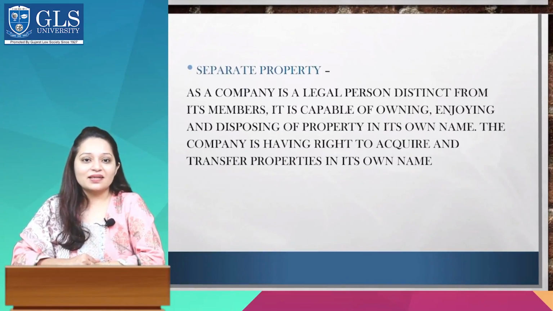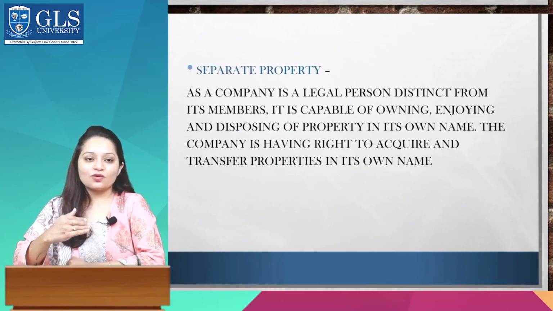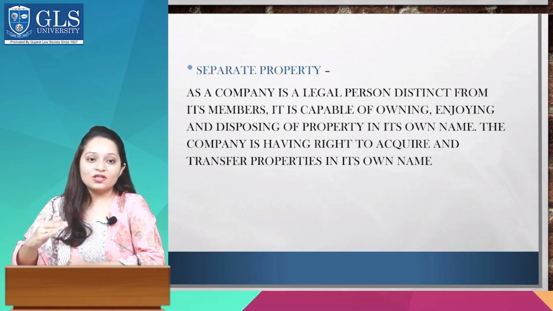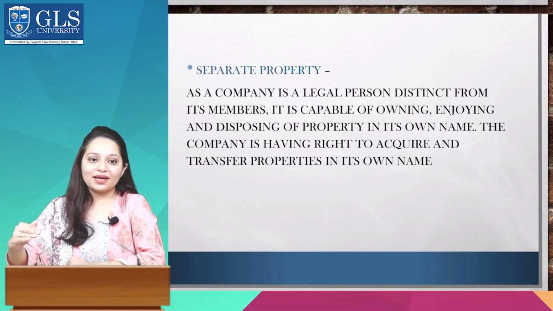The next characteristic is separate property. See, all these effects you can see are coming from the main characteristic, that of separate legal entity. Once you give separate existence to a company, the company can have its own property.